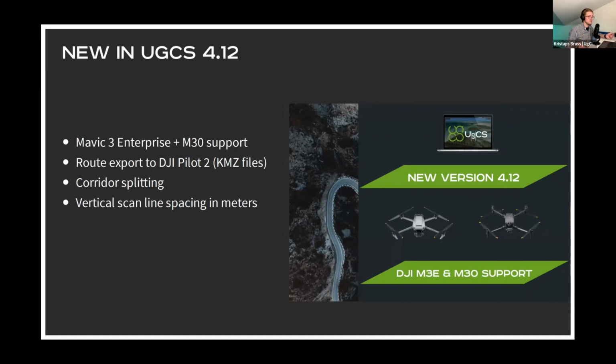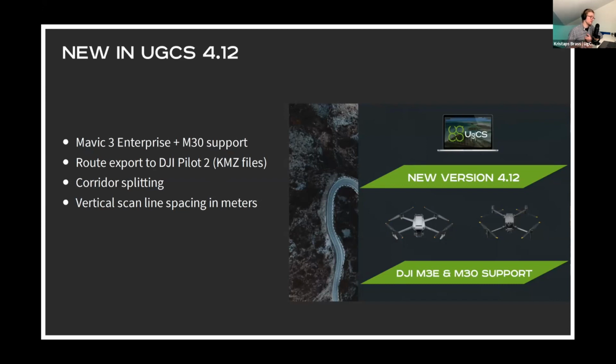And even in case you need to make some modifications to the route, you can do this from DJI Pilot 2 as well. So in the new version, we have added support for the Mavic 3 Enterprise as well as DJI M30. This also includes the thermal versions of these drones. But the note is that here, the support is implemented using the route export to DJI Pilot 2. So currently, you can't yet connect these drones directly to UgCS.